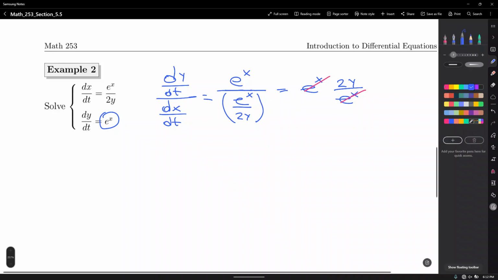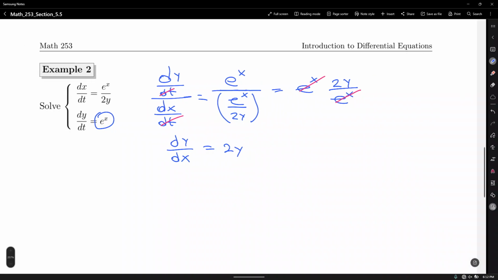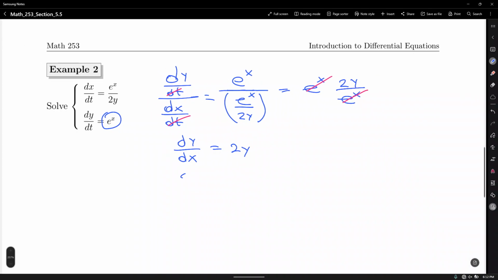Also, we can cancel out the dt's right here and write our initial separable equation: dy/dx equals 2y. Separate, solve. The rest of the story, we saw something like this before. Let's do it, of course. dy over y equals 2dx.